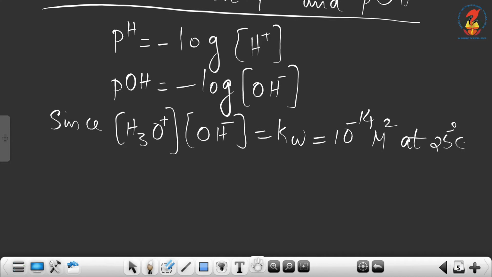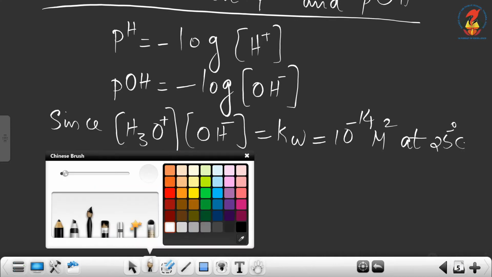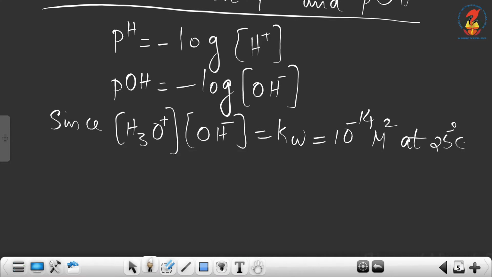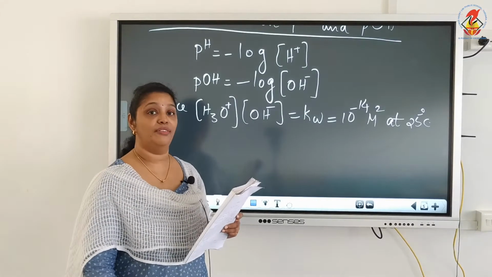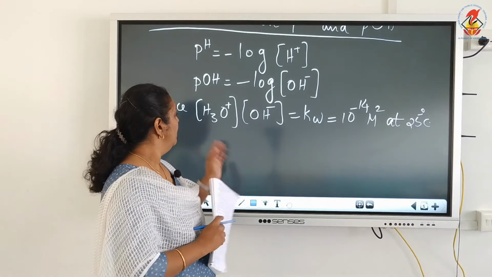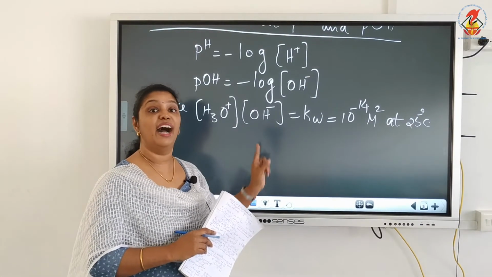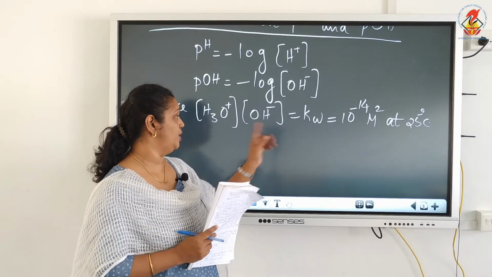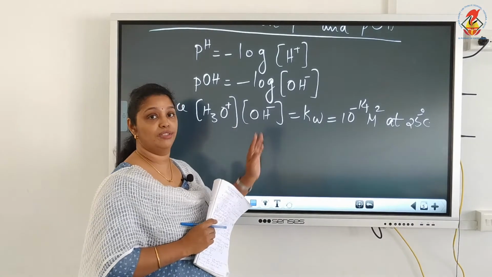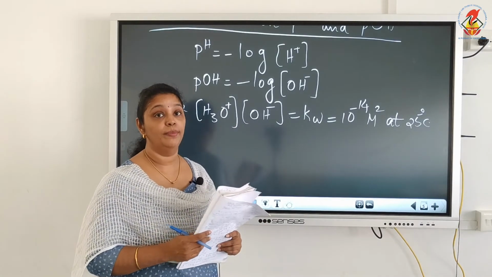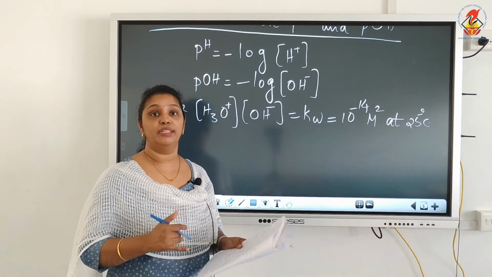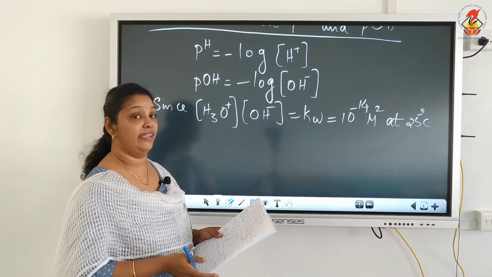We know this. Now, I am going to take the negative logarithm of this expression, concentration of H3O plus into concentration of OH minus is equal to Kw.